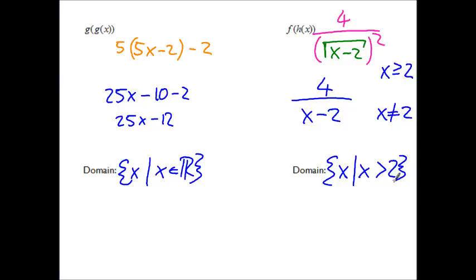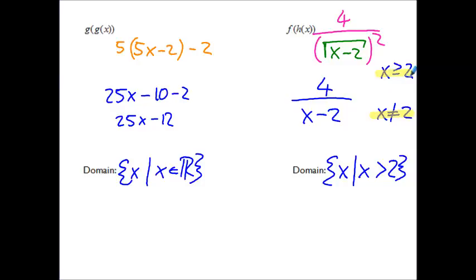Now here I want you to notice that if we had simplified first and just ended up with our domain restriction x is not equal to 2, we would have missed a whole lot of things. Remember, we had a square root in the denominator in our function before simplifying, and that told us that none of the values can be less than 2, not just 2, but less than 2 also, or we wouldn't even have been able to make that step to our simplifying.